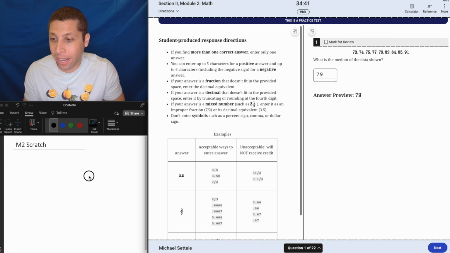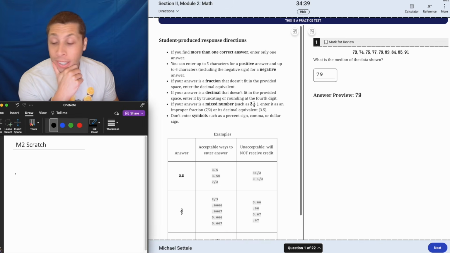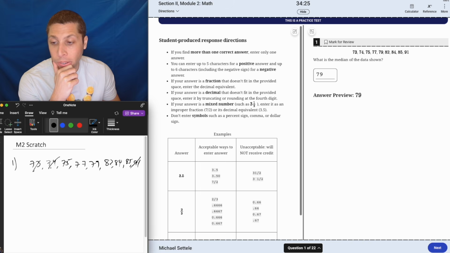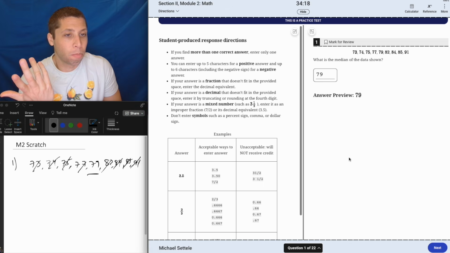This is a good example of how I can barely even see it on the screen. So we're just going to write it: 74, 75, 77, 79, 82, 84, 85, 91, cross out, cross out, cross out, cross out, cross out, cross out, cross out, cross out, 79. Just be sure, be thorough.